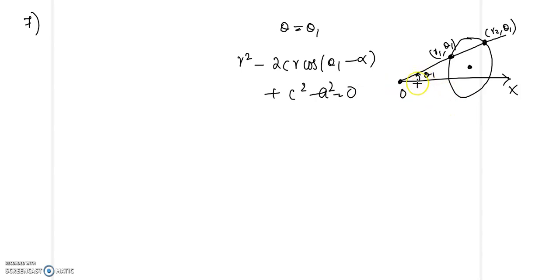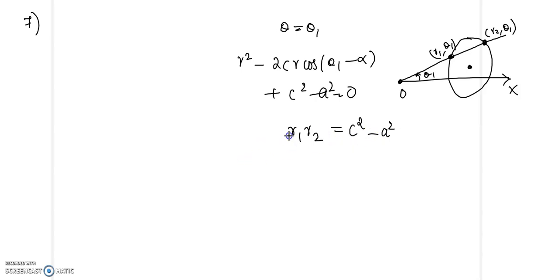So when theta is equal to theta 1 on the circle, we get this quadratic equation. When you solve for the values of r, that will give us the values of r1 and r2. Now r1 and r2 will be the roots of this equation. So when you take the product of the roots, it will be equal to c square minus a square. We know that c is the center distance and a is the radius, so c and a are fixed values.